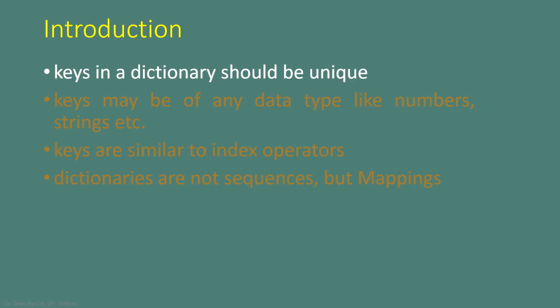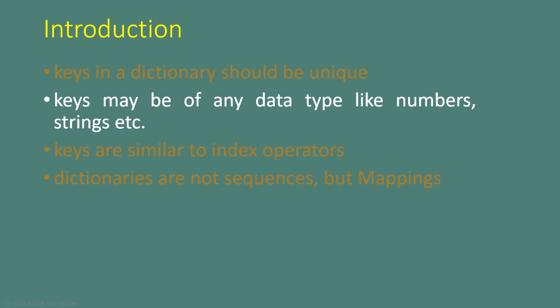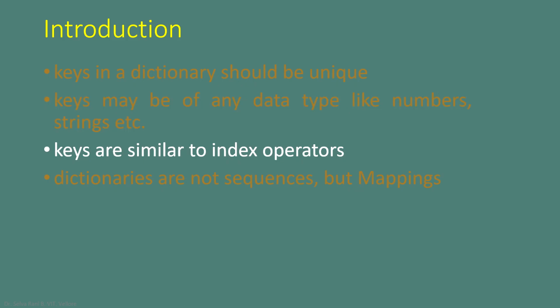So keys in the dictionary should be unique. We cannot have duplicates in writing the keys, and the keys may be of any data type, like the key may be a number, or it may be a character, or it may be a string. The keys are similar to index operators in Python.